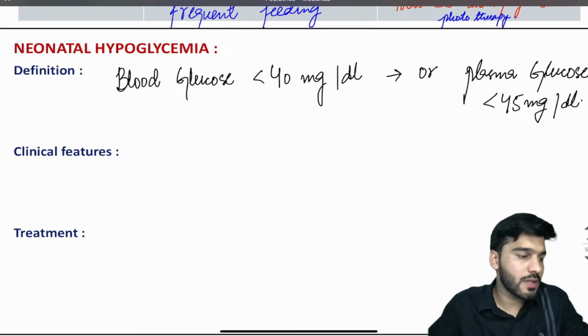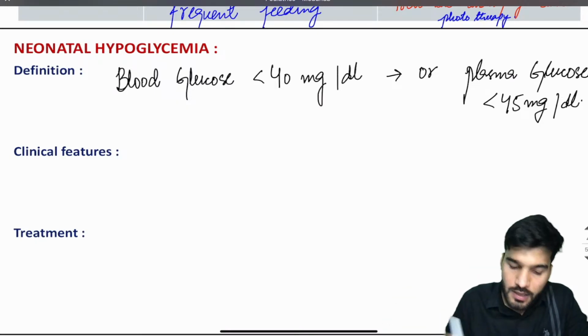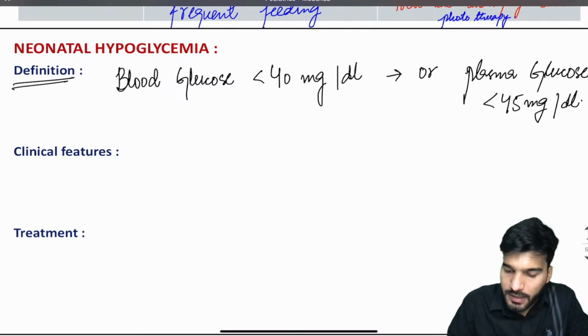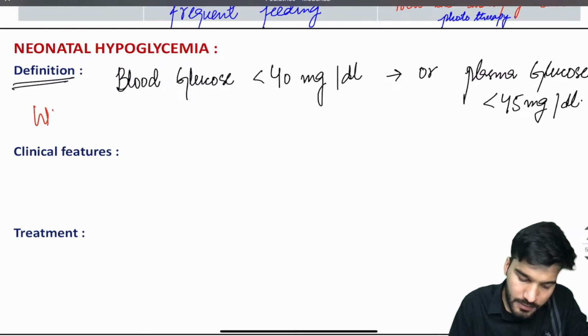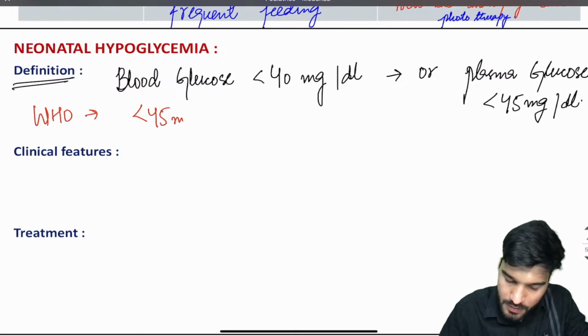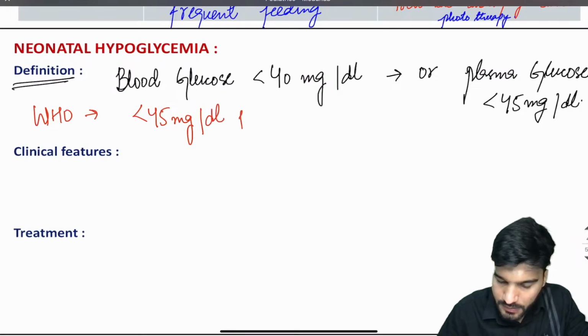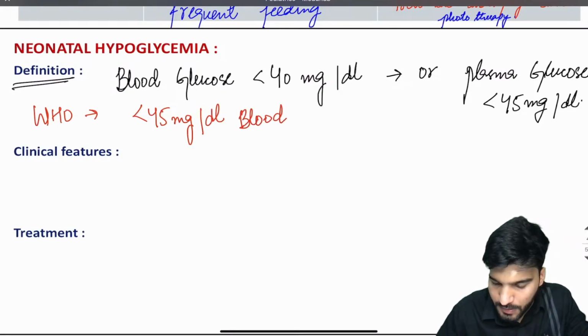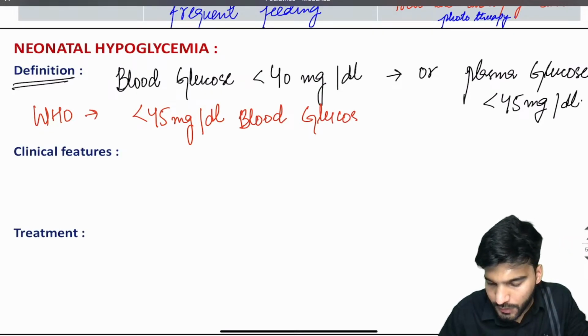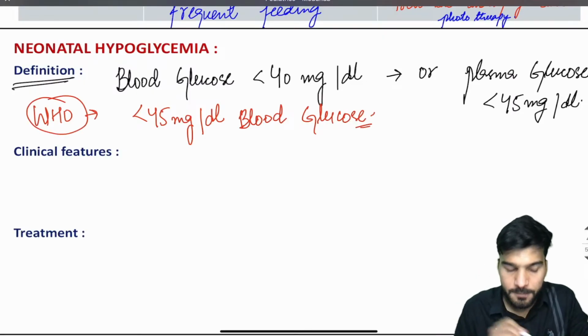This is called neonatal hypoglycemia. The WHO definition says it is less than 45 mg per deciliter blood glucose.